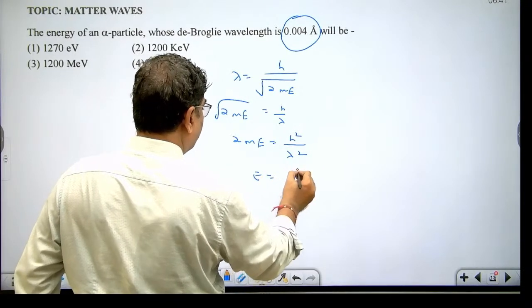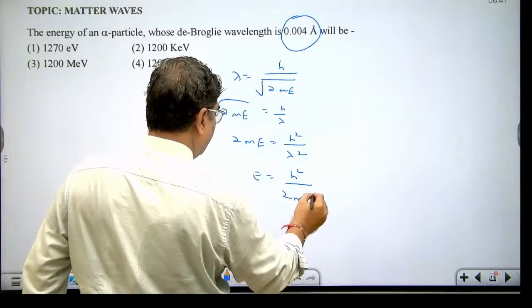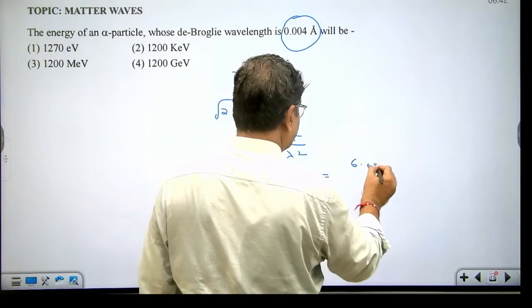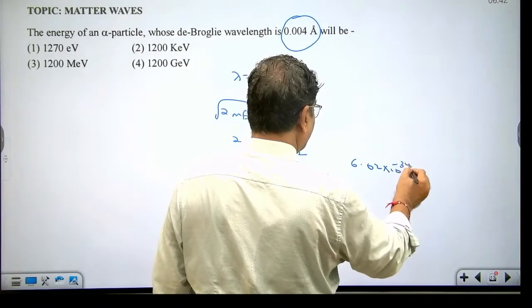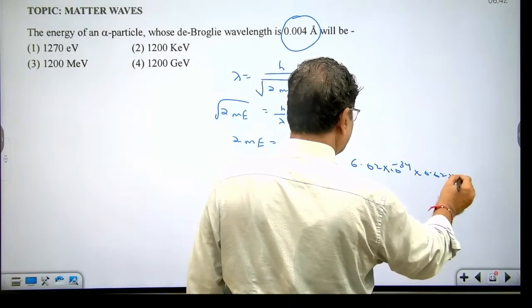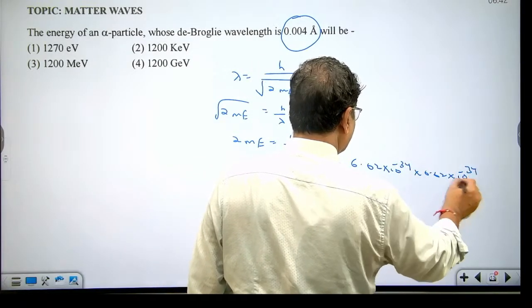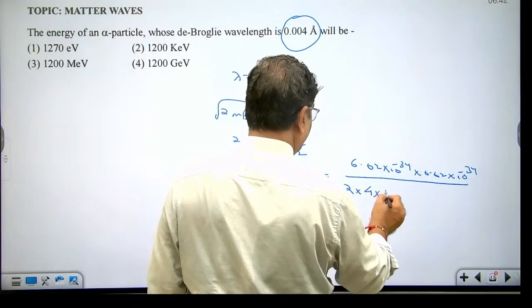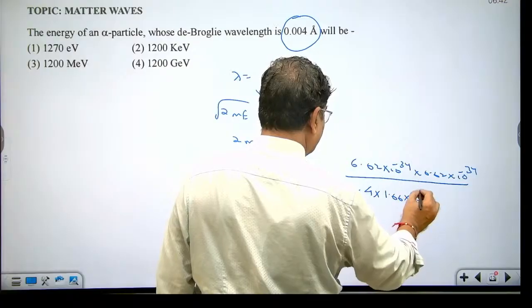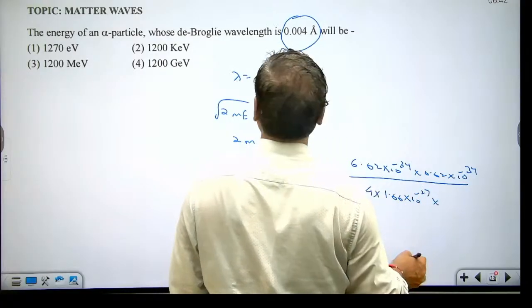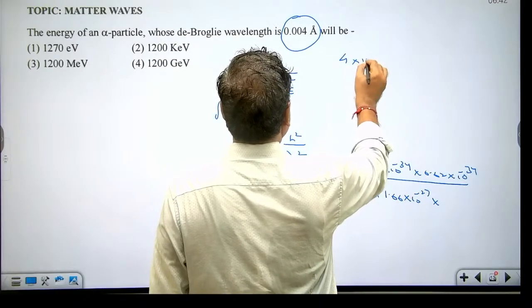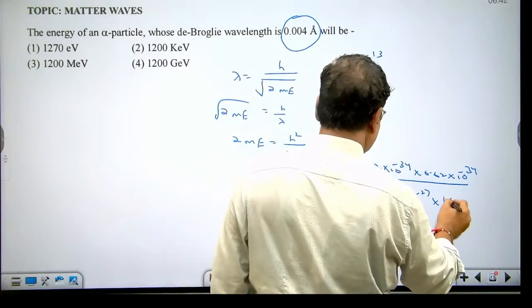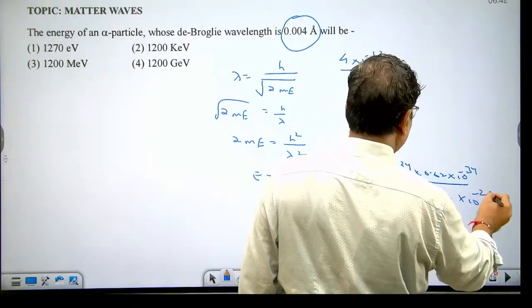So E equals h square upon 2m lambda square. Now see what is h: 6.62 into 10 power minus 34 into 6.62 into 10 power minus 34. Mass of alpha is 4 times mass of proton, 1.66 into 10 power minus 27. And lambda is 4 into 10 power minus 13, so 16 into 10 power minus 26.